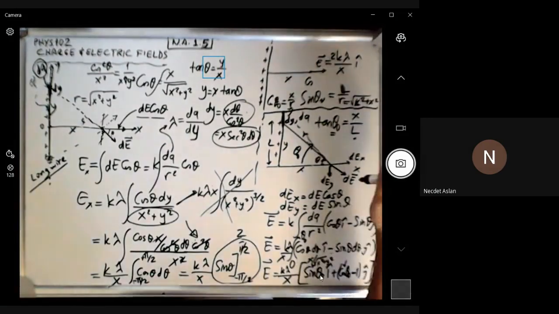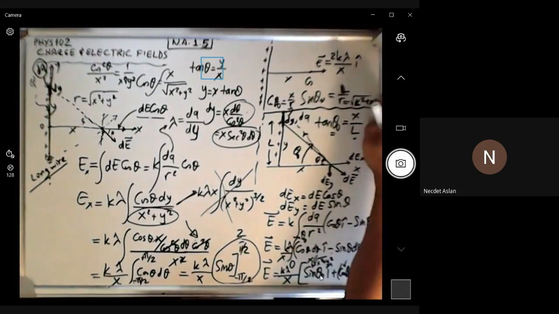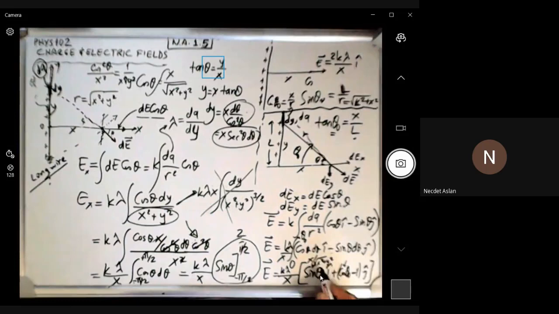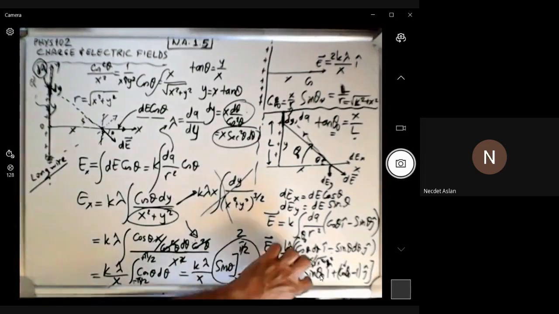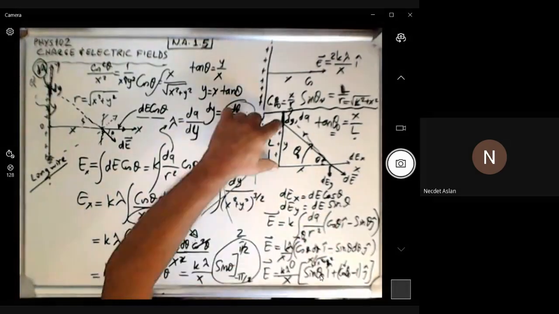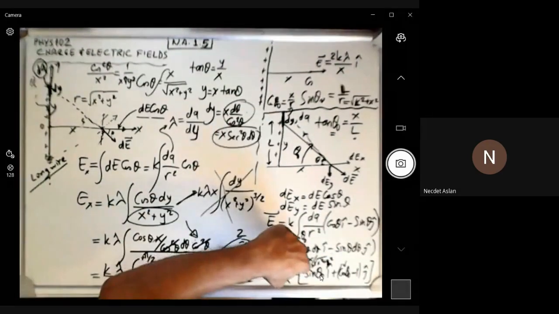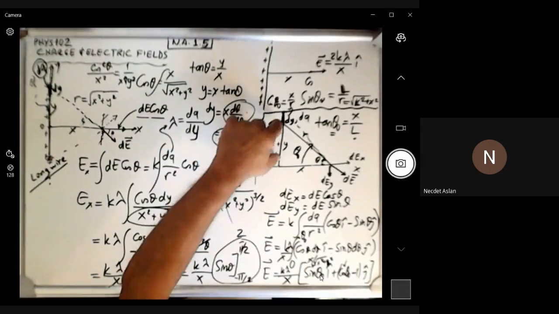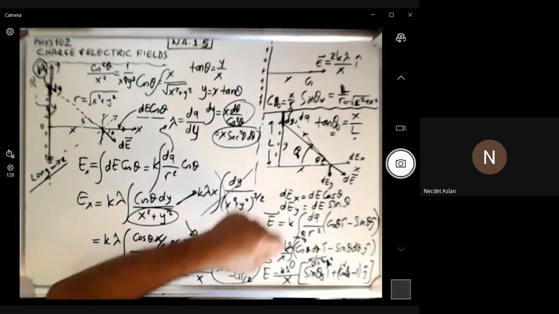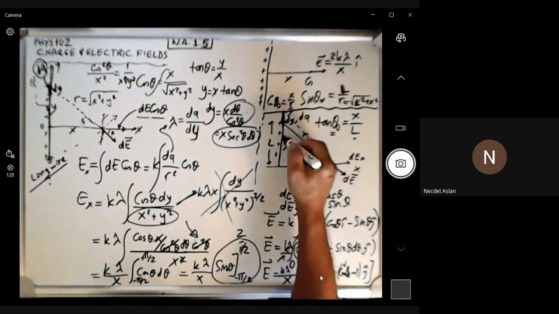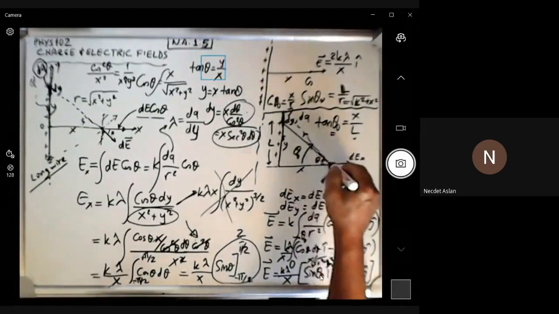As you see, the electric field will be totally a function of x. However, when you want to find the electric field at a segment like that in dy, it will be a function of y.